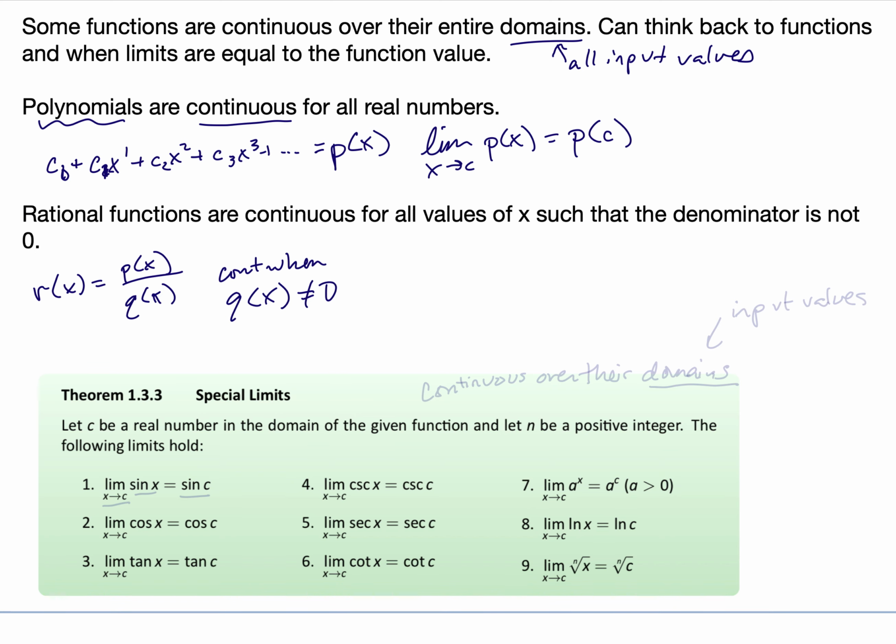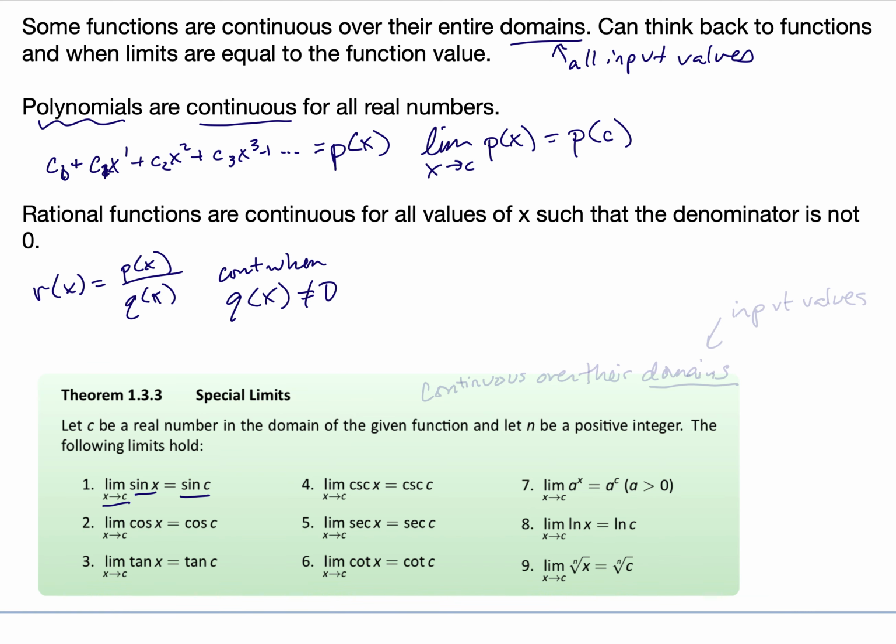And finally, think back to a few videos ago where we looked at special limits. If c is a real number in the domain of a given function, then the following limits hold. Observe this is just the definition of continuity: the limit as x approaches c of the function is equal to the function value at c.